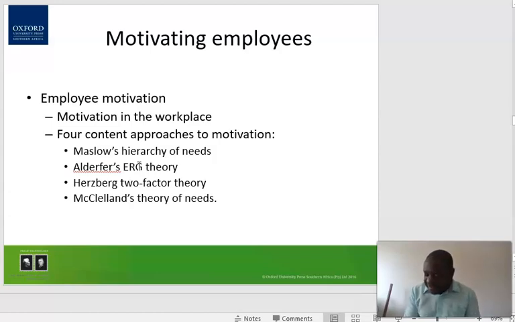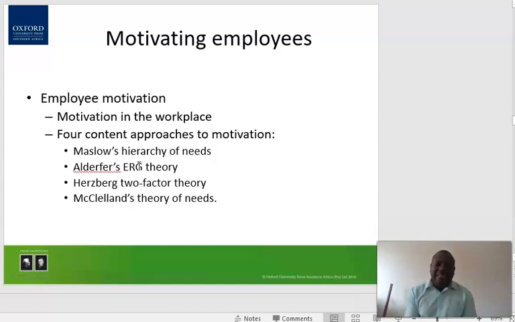Then the other factors that he identified are known as motivational factors or growth factors. He argued that these are what can be used to motivate people. What is important in this case is to understand that the lower level needs which were identified by Abraham Maslow form part of the hygiene or maintenance factors as identified by Herzberg.